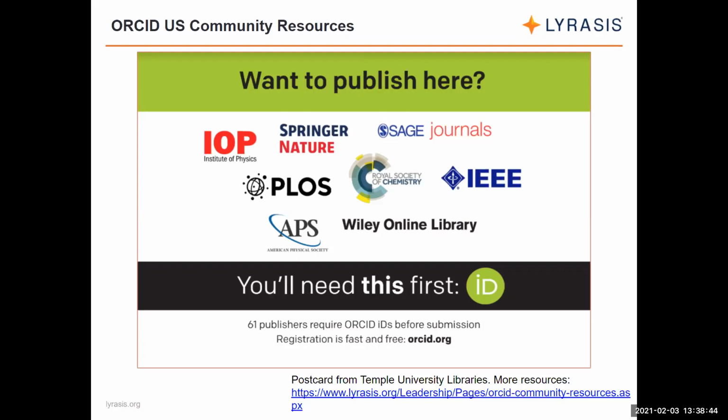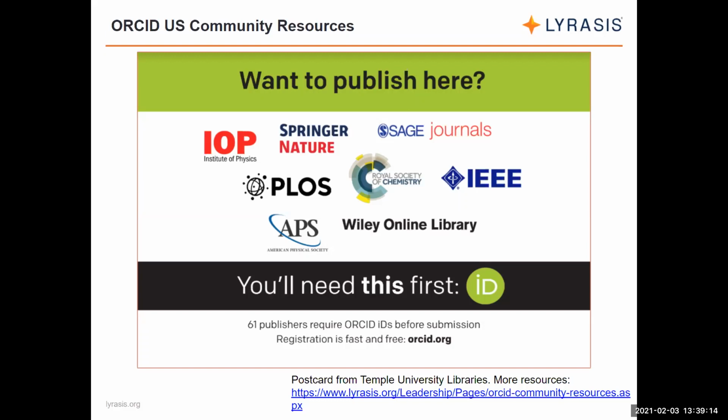And we do have several resources to help get the word out to researchers about the benefits of Orchid for them. You'll see that there's an outreach planning guide and other materials, links from the handout. The graphic that you're seeing on the screen is just one example from Temple University of a promotional postcard that they created with the messaging that if a researcher wants to publish with any of these publishers, they will need to have an Orchid ID.